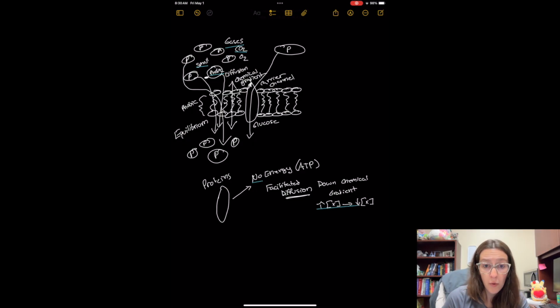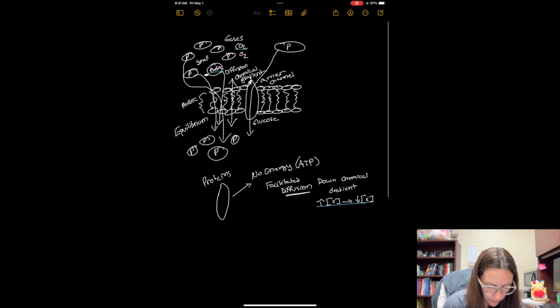But our body doesn't always want to do that, actually. Our body actually sometimes really needs to pump something out. Like, think of acids in our stomach, right? My stomach's already got a ton of acid, but I need to keep making acid so I can keep breaking down whatever food gets into my stomach. So sometimes we're going to use energy in the form of ATP to do something that we don't already want to do, right?